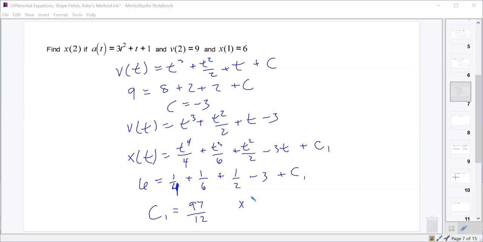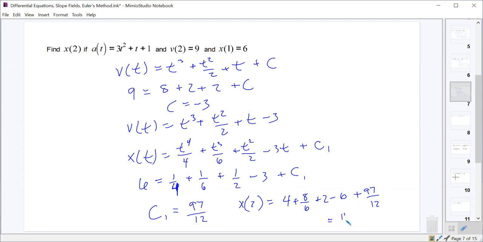And so x of t would be the function we had plus 97/12. So I'll just evaluate x of 2. This is 16/4 or 4, plus 8/6, plus 2 minus 6, plus that 97/12. So we ended up with 8/6 plus 97/12, which would have been 113/12.